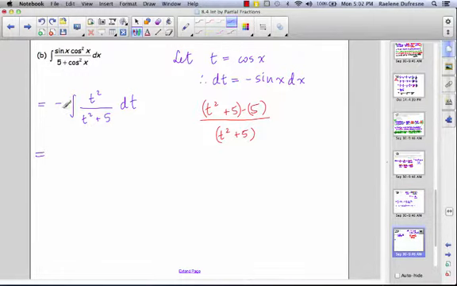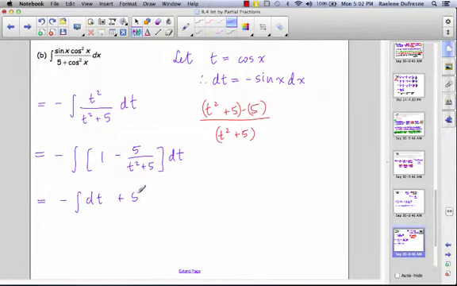And I still have the negative out front, so I'm actually going to make this negative integral of 1 minus 5 over t squared plus 5 dt. So I'm going to get negative the integral of dt plus 5 times the integral of 1 over t squared plus 5 dt. The first integral is easy to work out.